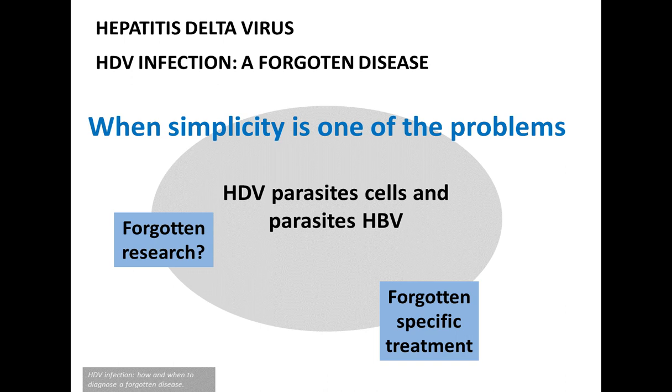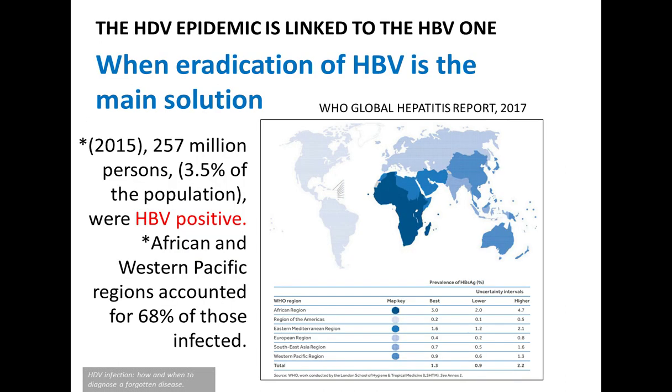Additionally, no specific antiviral treatment for hepatitis delta virus had been described, and it may be related to the fact that the extreme simplicity of the virus makes it difficult to find targets for antiviral treatments. A Delta virus epidemic is linked to a hepatitis B virus epidemic, and thus its solution is focused on resolving the B hepatitis epidemic.